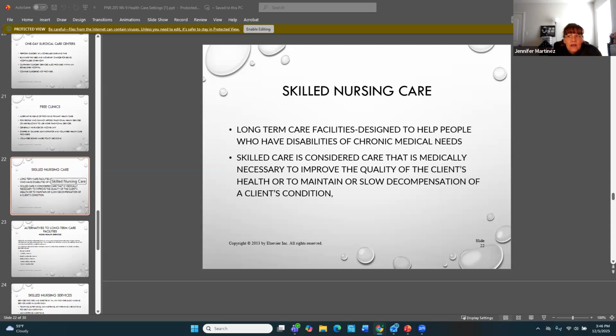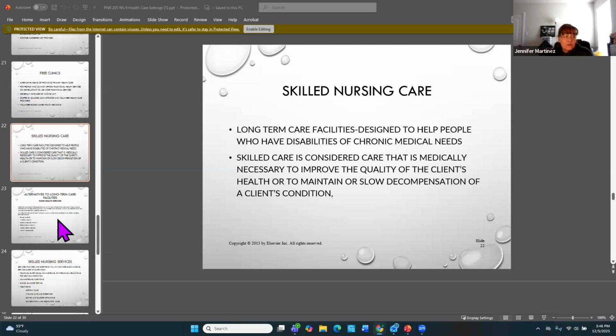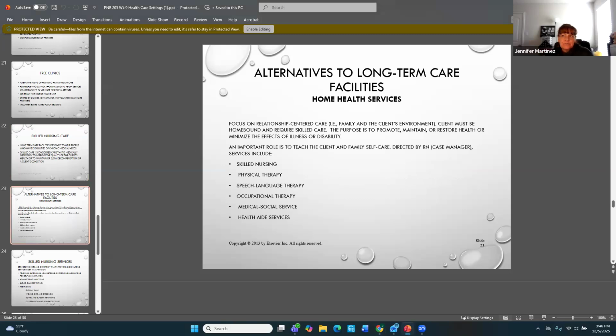Depending on their level of care, dementia as well could be a qualifying factor. But generally speaking, it's something to do with wound care, therapy, IVs, catheter care, respiratory therapy. So just keep that in mind with skilled care.